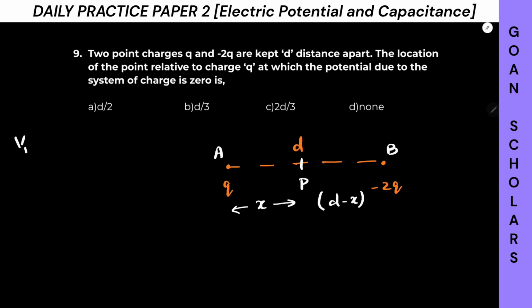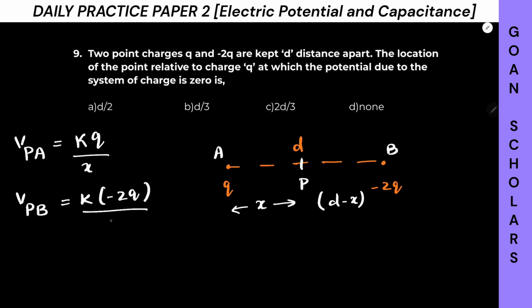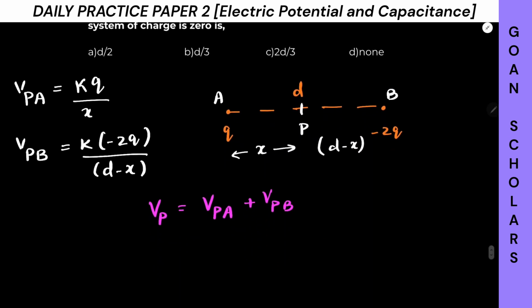Let's find the potential. So potential at P due to A will be equal to K first charge Q upon X. Potential at P due to B will be K, and what's the charge? Minus 2Q upon D minus X. And what is the net potential at that point? Net potential at point P, which is the sum of VPA plus VPB, is how much? 0.